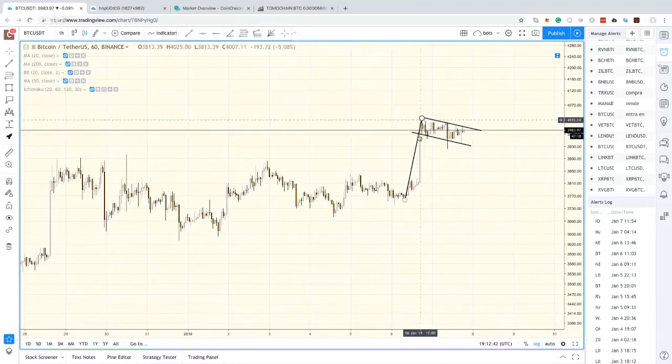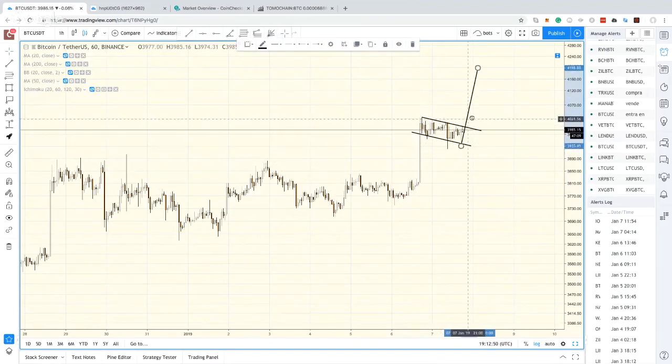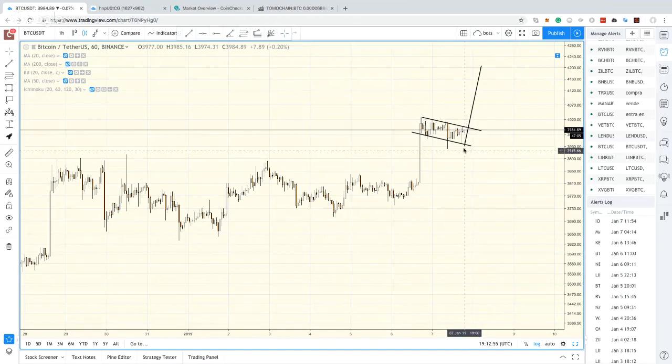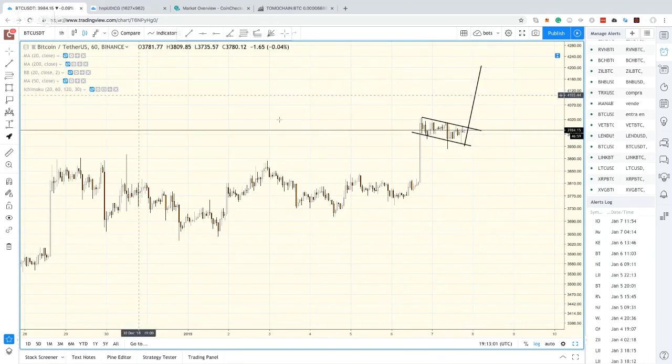This is how you measure the target of a flag. You have the flag. You have the pole here. Then you just move it here in the breakout. If the breakout is here, you just put the pole here and it goes to 4,200 in Binance.